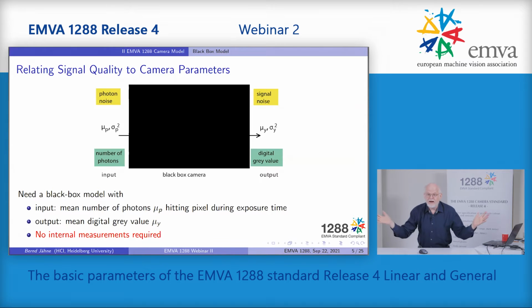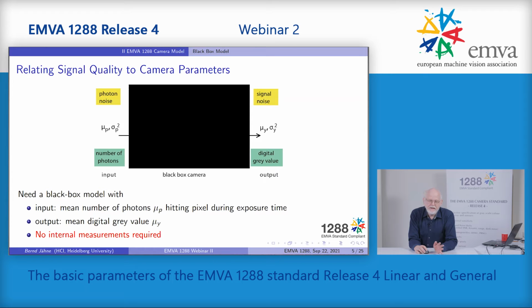This is something no camera manufacturer can avoid. This is simple physics. The interesting question is, within this black box, how many additional noise sources come in here? The essential thing, and this makes the usage of the standard so simple, that no internal measurements are required. We just measure an input-output relation.